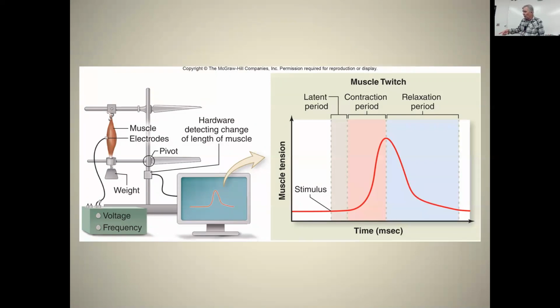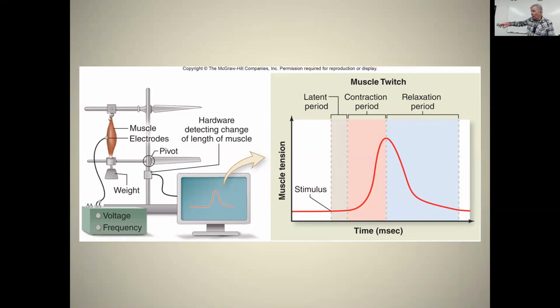You set up a muscle in an arrangement like this, with a force transducer. We have this muscle hanging there, and when it contracts, it pulls up on this arm, and it's sent to a chart recorder or a computer, and you can get this muscle twitch.